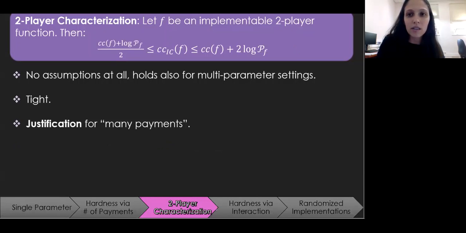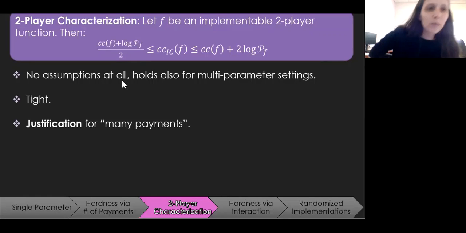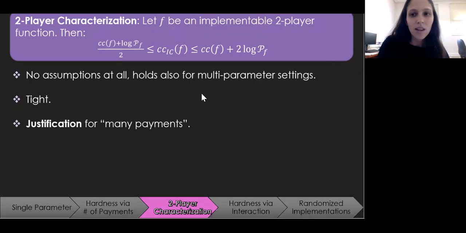Sorry, question. When you say tight, you mean you cannot drop any term, but it doesn't mean, for example, that you cannot make the two into one, is that correct? Can you repeat, please? What is your definition of tight here? My definition of tight is that if you drop either the communication complexity of the function or the log of the number of payments, you can get an exponential gap between the remaining term and the term in here.